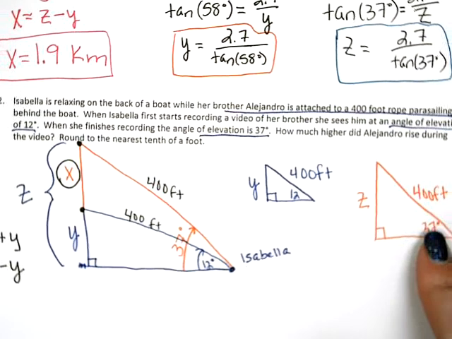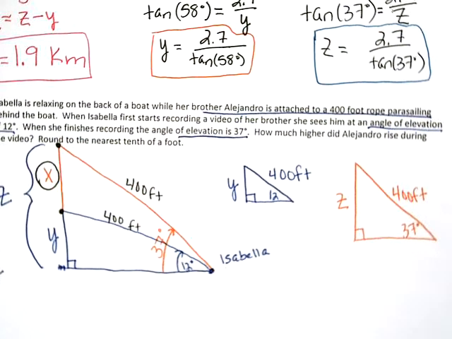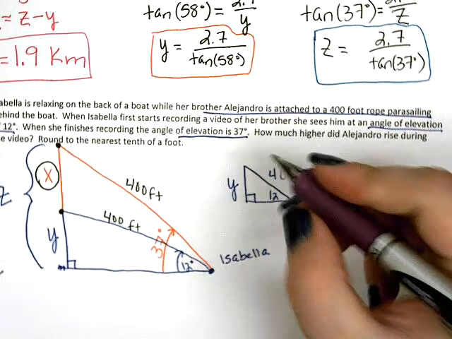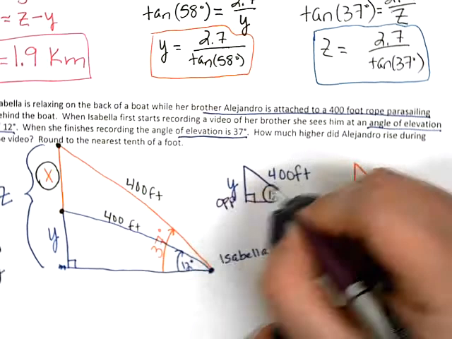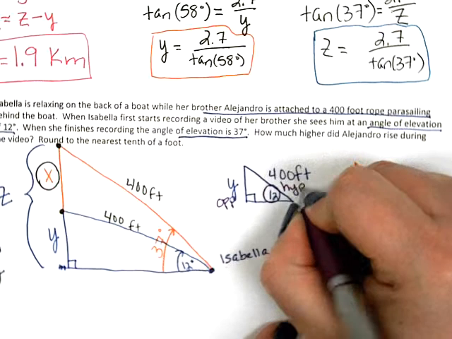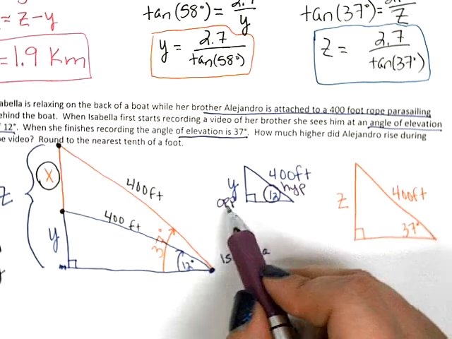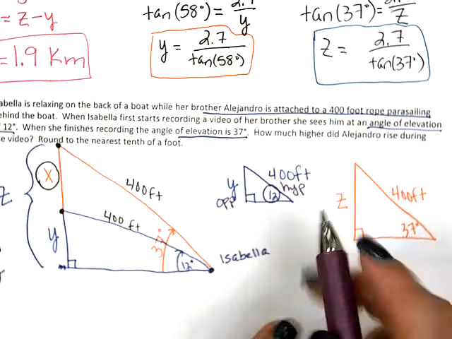So now all you guys have to do is solve for y and z, and we're going to find the distance in between. So we've got an angle here, and we know that y is our opposite. 400 is our hypotenuse, which means opposite, hypotenuse, that's a sine function.